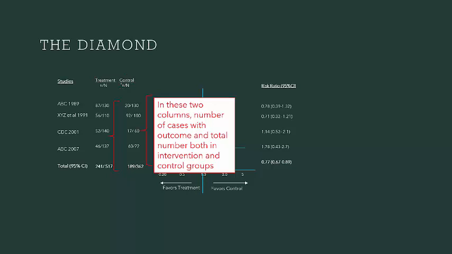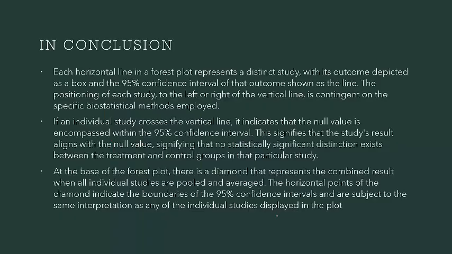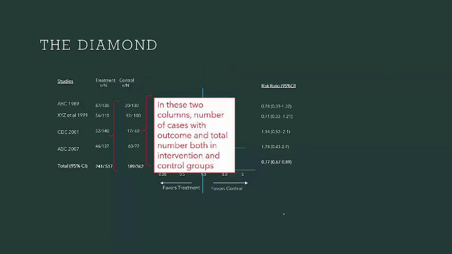Again, n is the cases with outcome and N the total number of cases. The more important thing is, over here we will be writing the risk ratio and the 95% confidence interval, which would be represented by the horizontal lines.